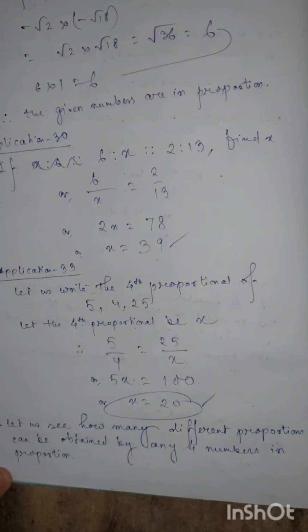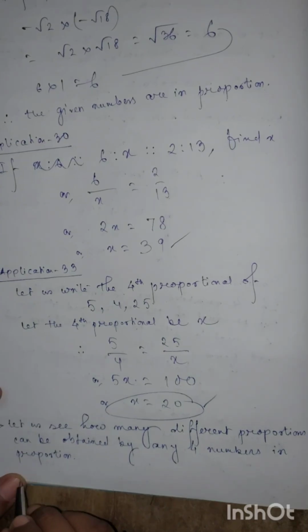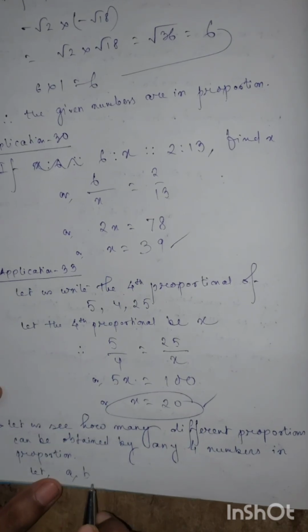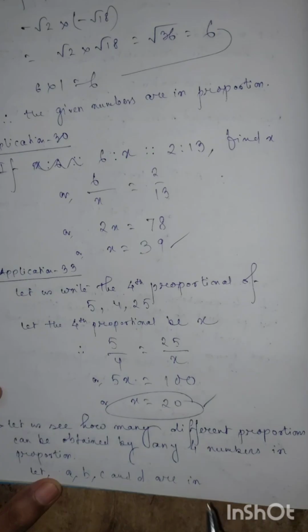So let us assume four numbers a, b, c and d are in proportion.